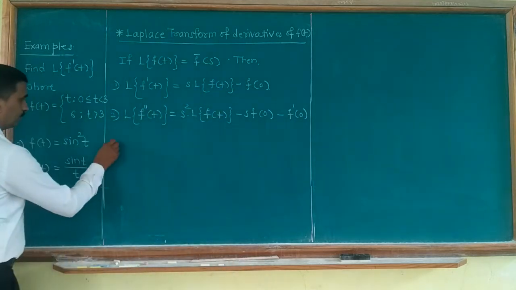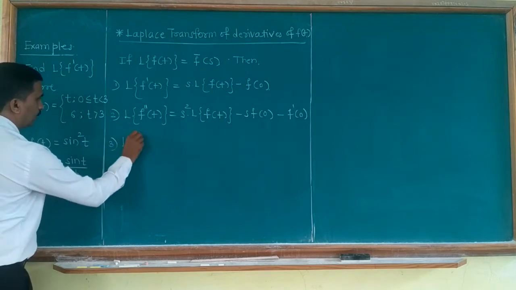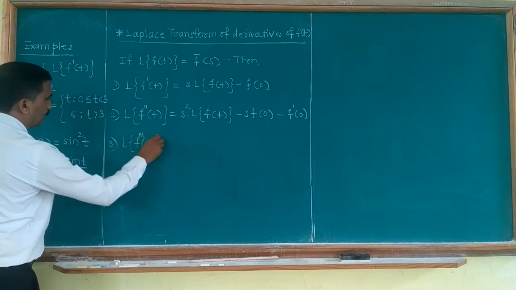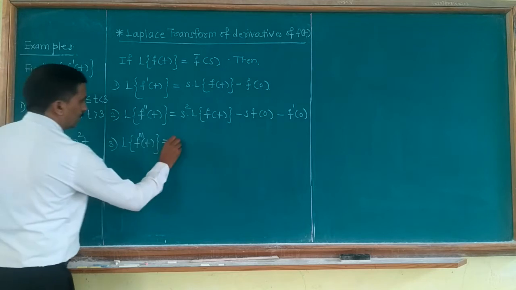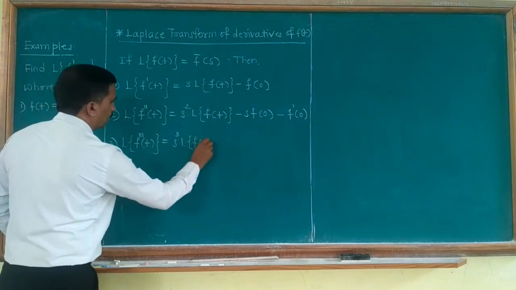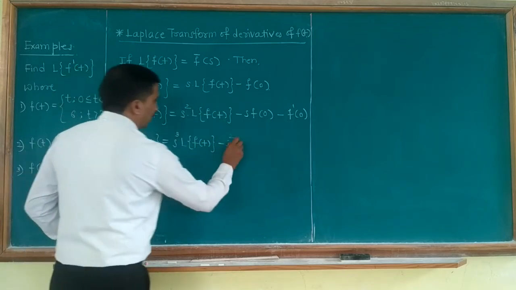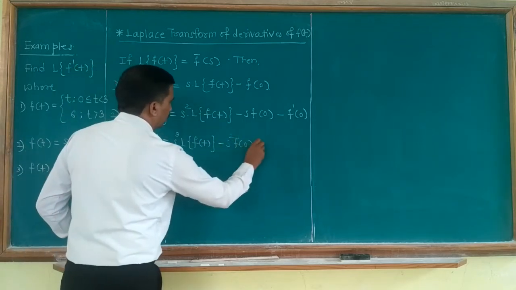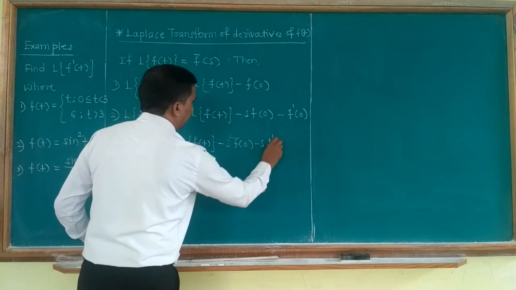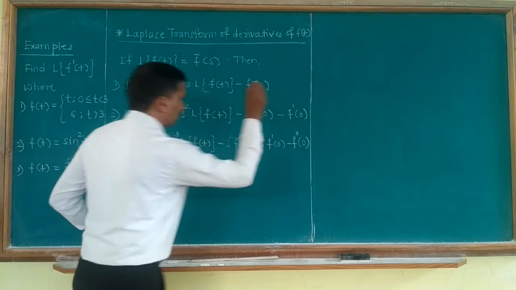And one more: the Laplace transformation of f triple dash of t is equal to s cube into the Laplace transformation of f of t minus s square into f of 0 minus s into f dash 0 minus f double dash of 0.